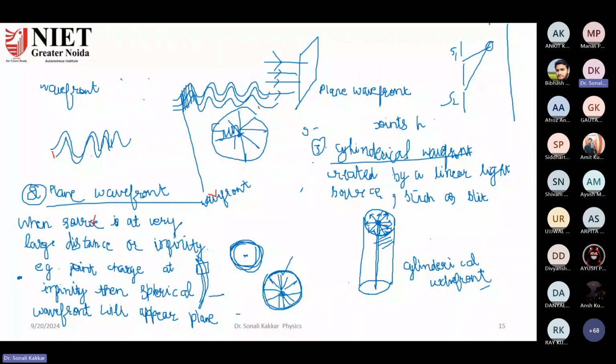So coming back to this, have you noted this down? During interference by division of wavefront, when the wavefront passes through the slit, then we draw a spherical wavefront. So is it cylindrical or spherical? It is a spherical wavefront.